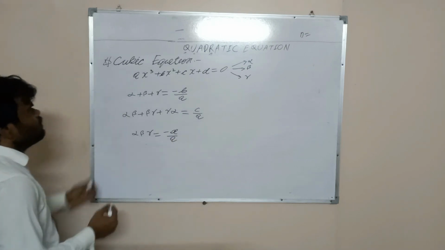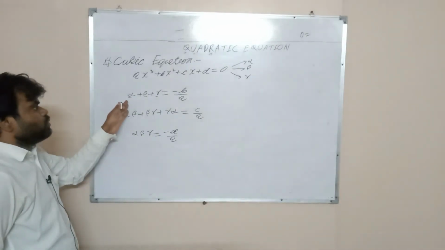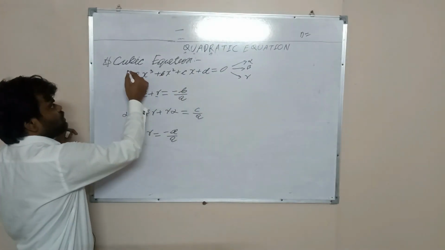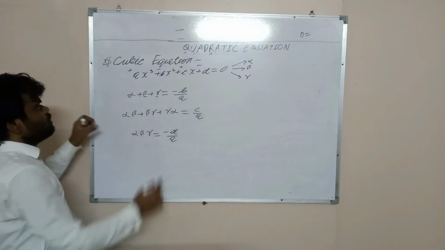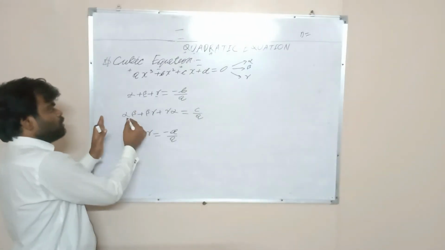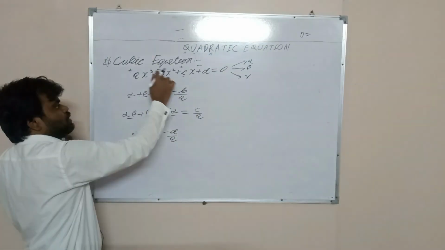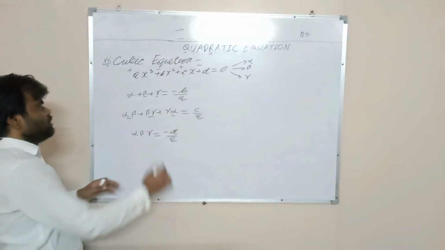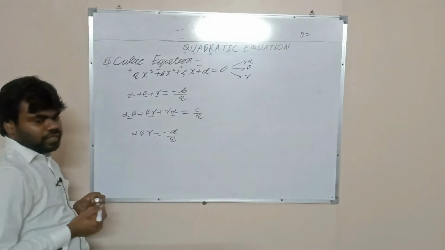When we add the three roots, the second term upon the first term will appear, and we take the signs alternately, starting with minus. When we go for the second term, we take two of the roots combined, so c upon a, with a plus sign. Thirdly, we take all three roots combined, alpha beta gamma, minus d upon a.